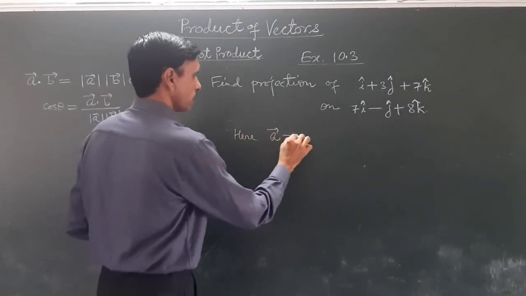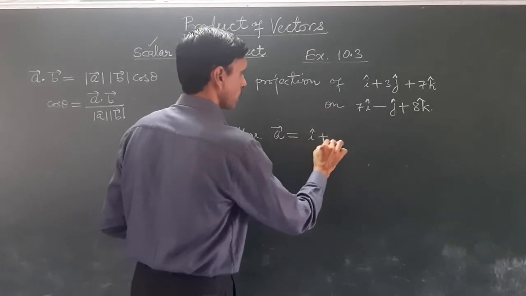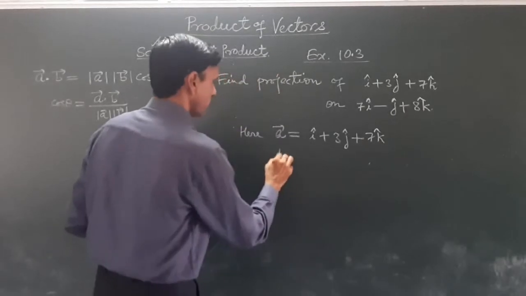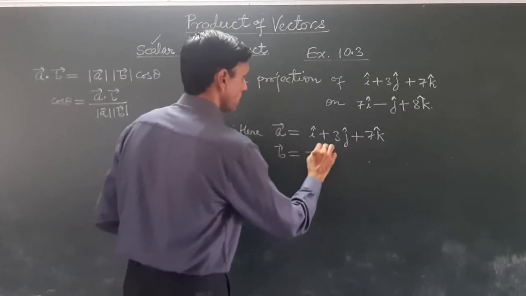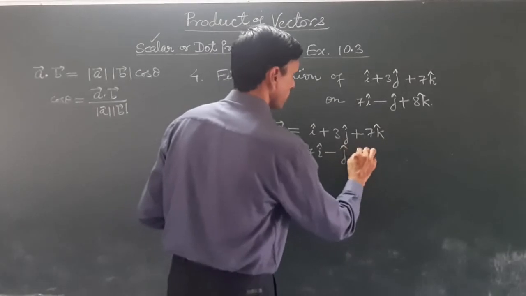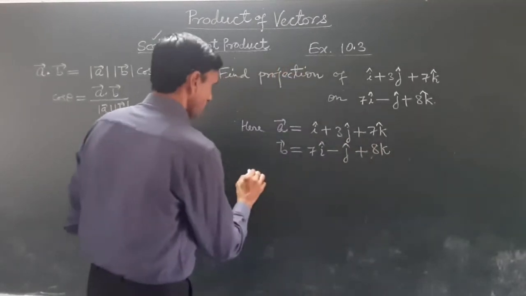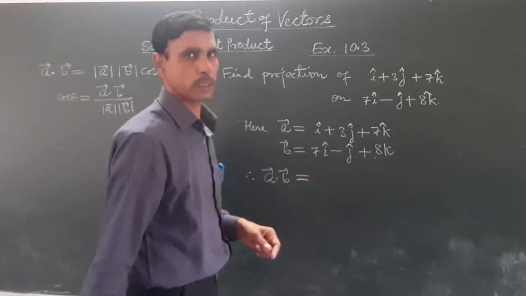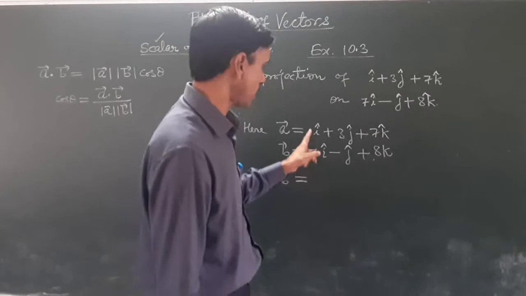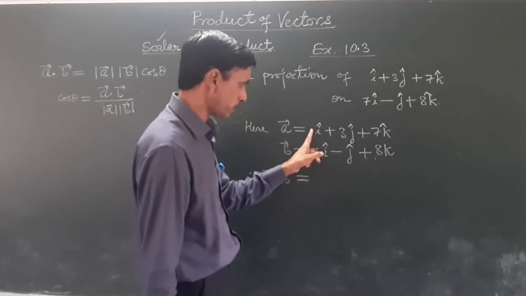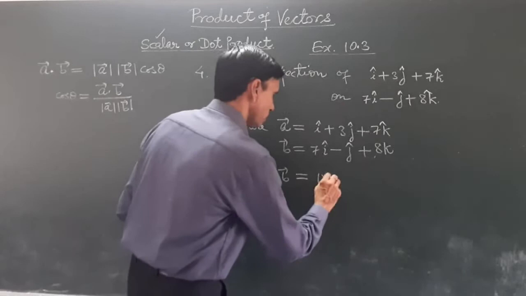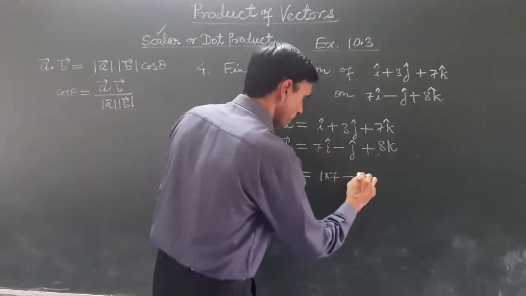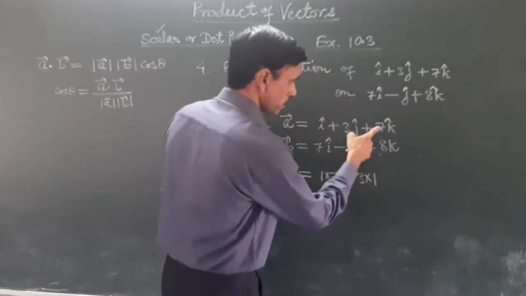Here suppose first vector is A, second vector is B, okay, therefore A dot B. बहुत ज़्यादा डिटेल में नहीं जाना है, डायरेक्ट में क्या होता है I dot I 1, तो कोफिशिएंट ऑफ I एंड कोफिशिएंट ऑफ I. It is 1 into 7, 3 into minus 1, तो minus 3 into 1, 7 into 8.